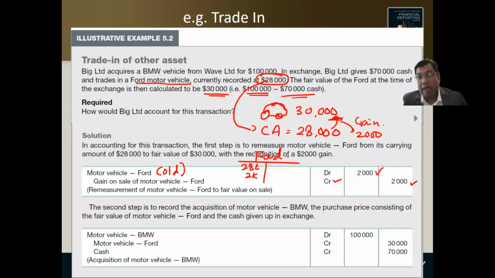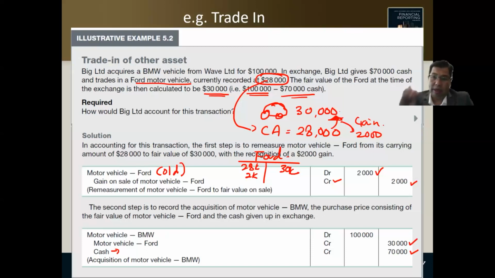That is for the old vehicle. For the new BMW, we're going to record the new value, that is 100,000. This is the value of your new vehicle. The method of payment is by cash, 70,000, and for the old vehicle, I'm going to credit 30,000. So this is one way of solving these questions.